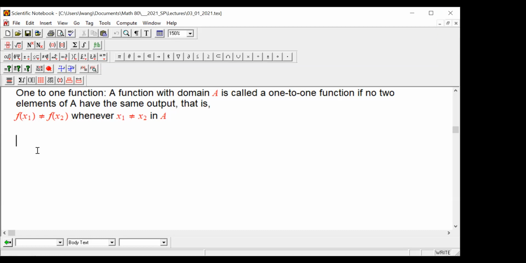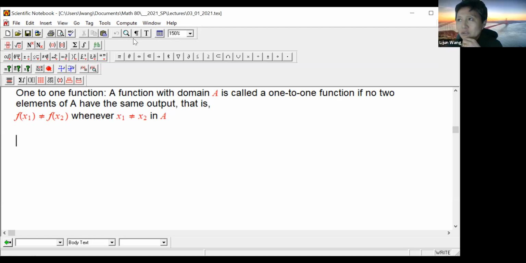Yes. Okay, so let's look at the first one. f of x equals a constant. We use a 2. Is this function one-to-one?